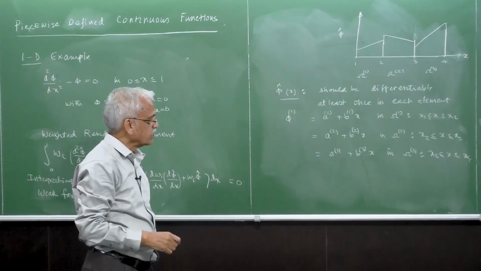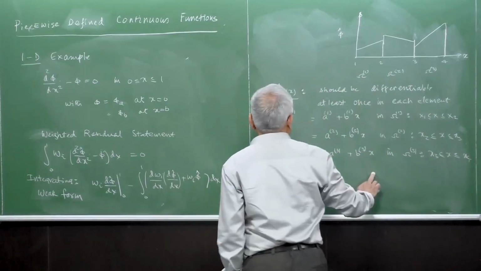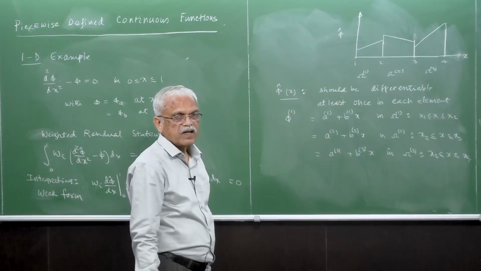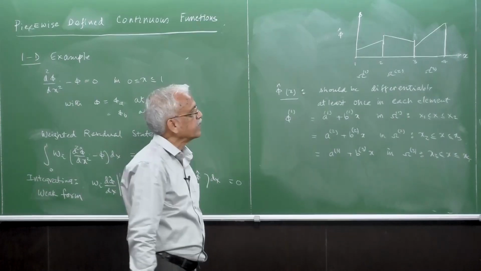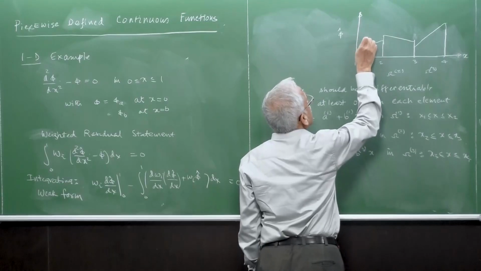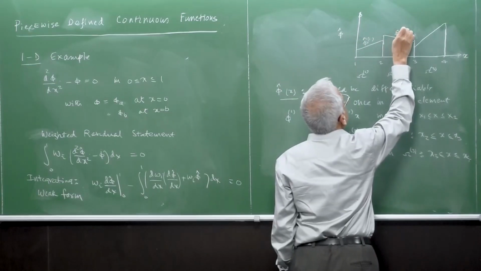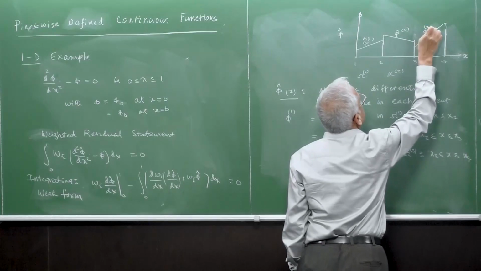But then we also have another condition. This is the general expression. The other condition here is that at element boundaries, we have to have continuity. What does that mean? This is phi hat 1 here. This is phi hat 2. This is phi hat 3.